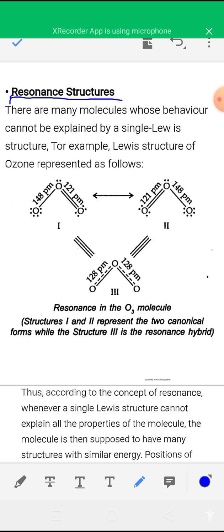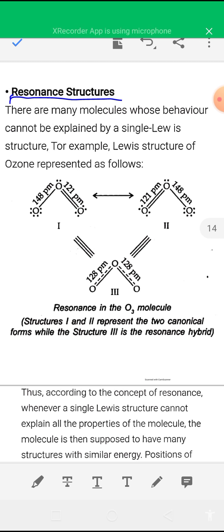For this type of molecule, you have to draw more than one Lewis structure, and this phenomenon is known as resonance. More than one structure of a single molecule to explain all the properties of the molecule.